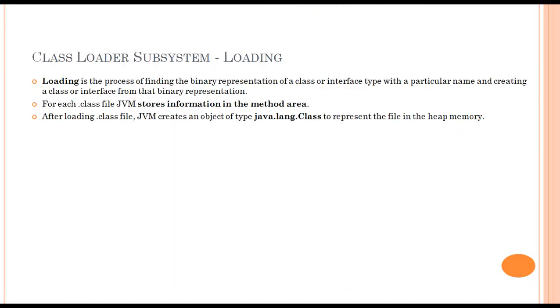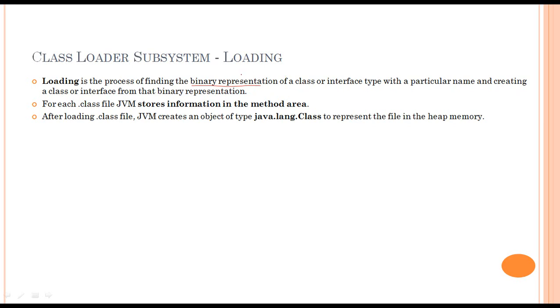As part of loading, it finds a particular class. It looks for a binary representation of a class. When we say binary representation, it is the bytecode or the dot class file. So it looks for a specific class file in the hard disk, and it loads the information of that class into memory.